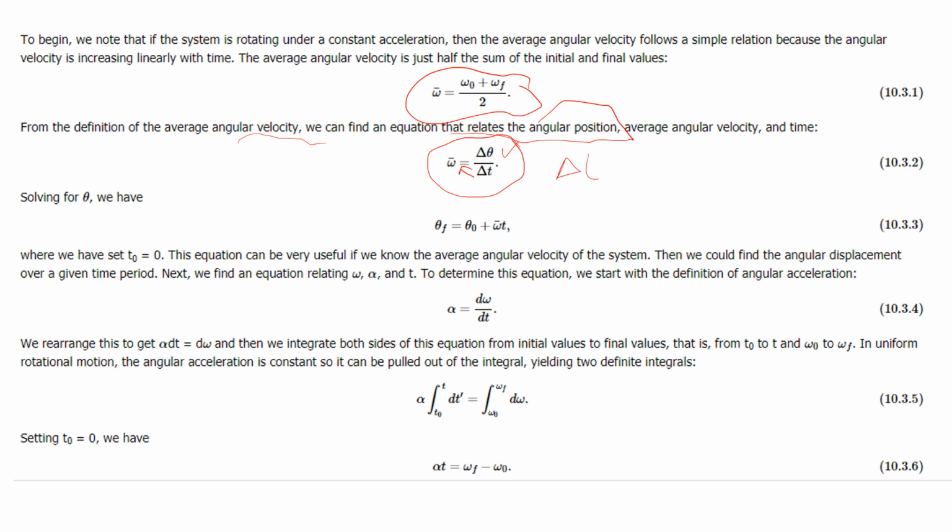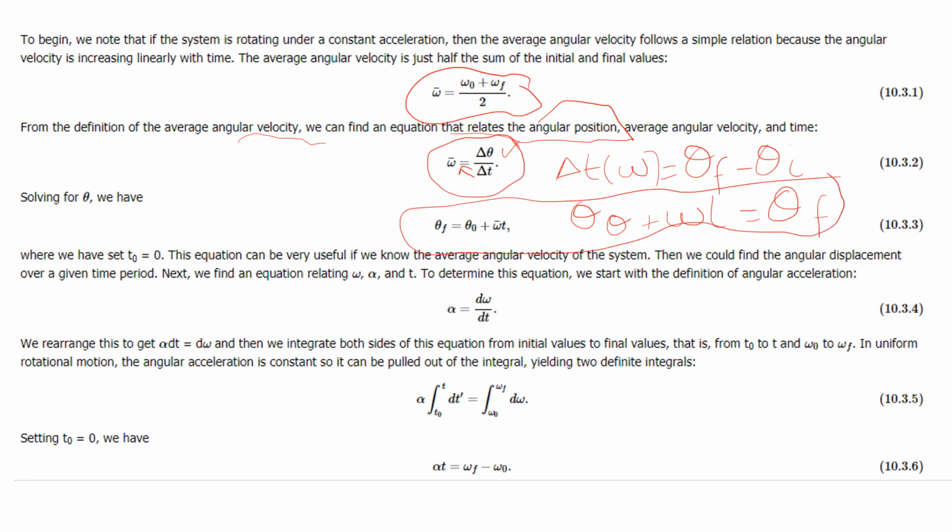Omega f minus omega i, you can write it like that, omega naught plus omega t.